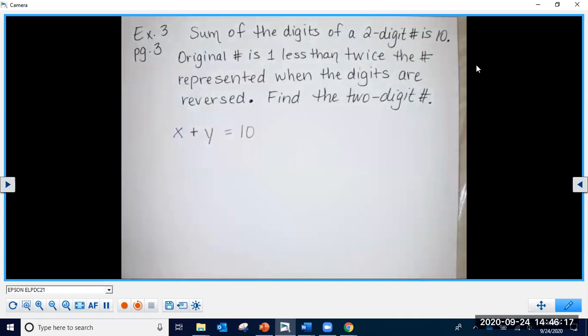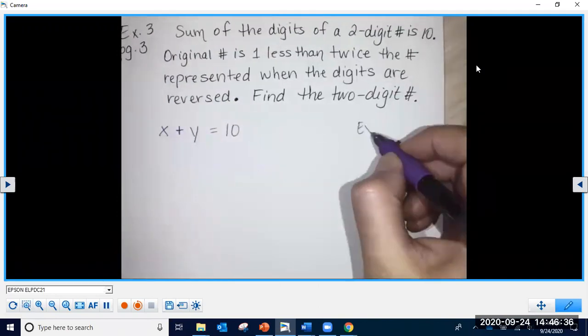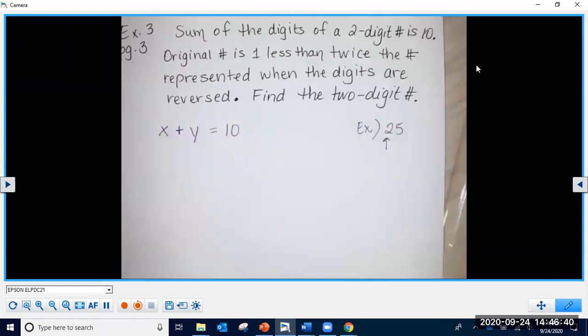So you've got a number, and think about this. If you've got a 2-digit number, tell me what place values you have represented. For example, if I've got 25, what place value is 2 in?